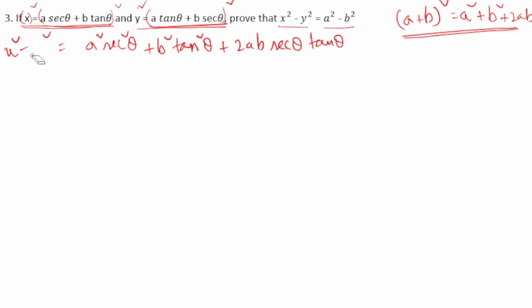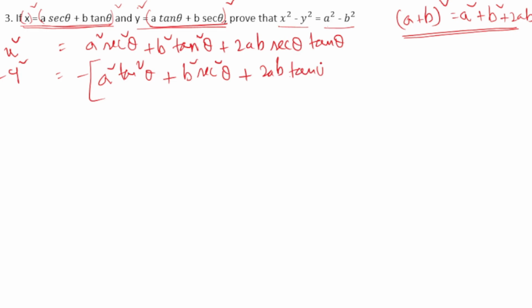So here we will directly subtract these two. X square minus y square. It is minus of (a square tan square theta plus b square secant square theta plus 2ab tan theta secant theta).